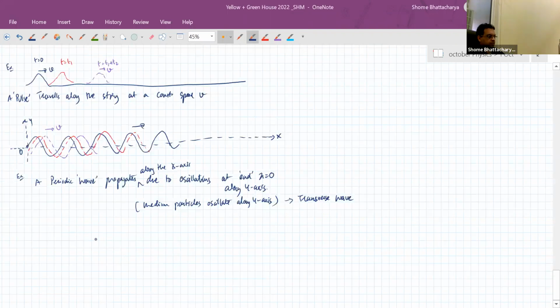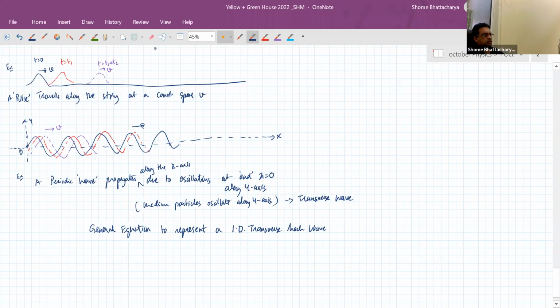Okay, so now next thing what we will see is how to write a general equation to represent the above phenomena, which is basically a one-dimensional transverse mechanical wave.